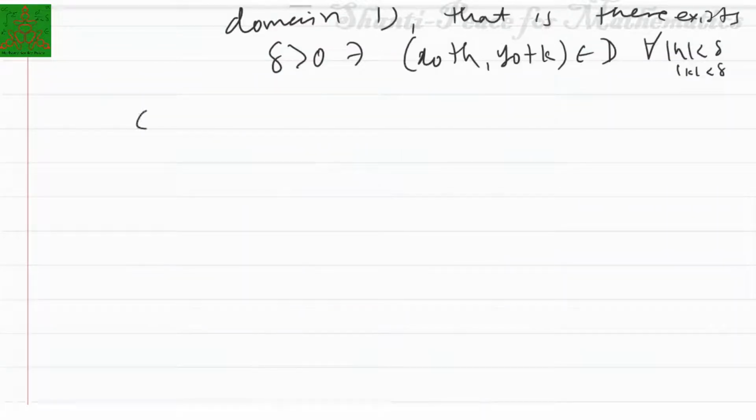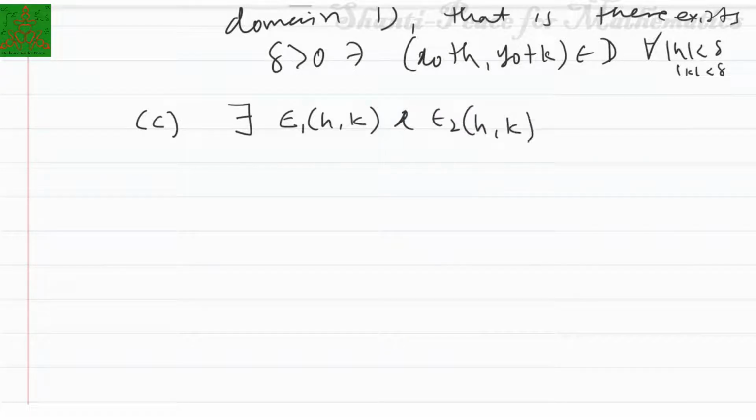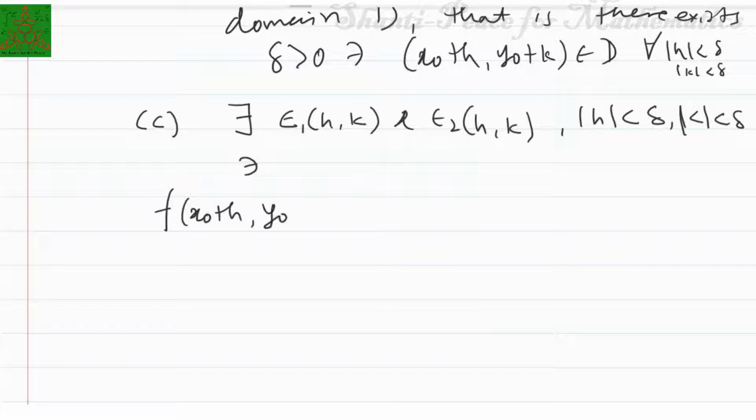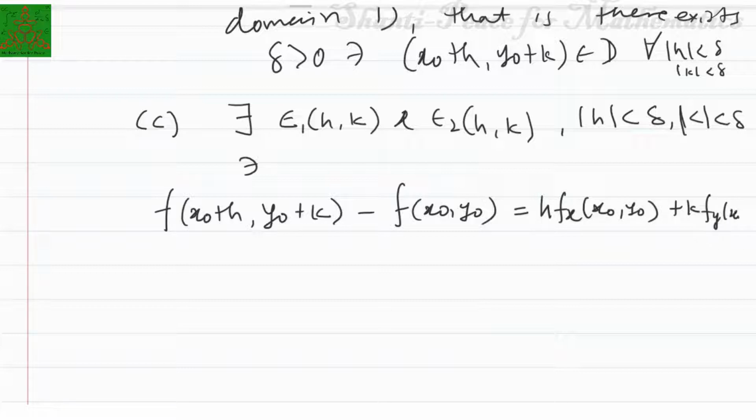Third condition, there exist epsilon 1 hk and epsilon 2 hk, which are functions of h and k in that neighborhood, such that f of x0 plus h, y0 plus k minus f of x0, y0 equals h fx of x0, y0 plus k fy of x0, y0 plus h into epsilon 1 hk plus k into epsilon 2 hk.